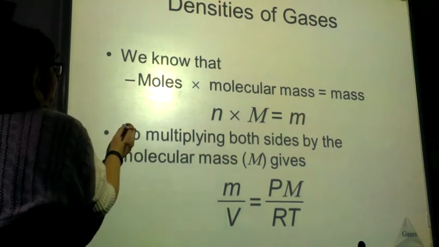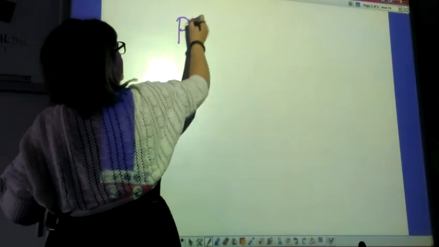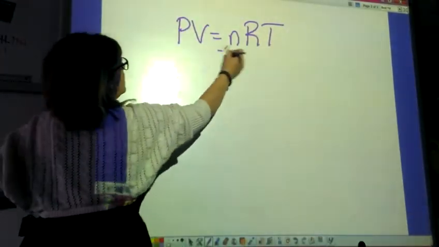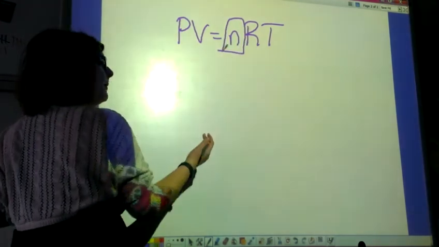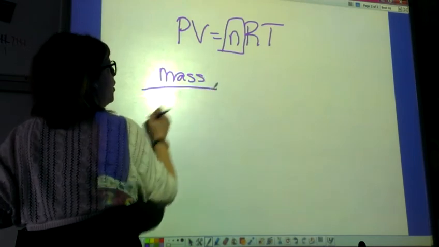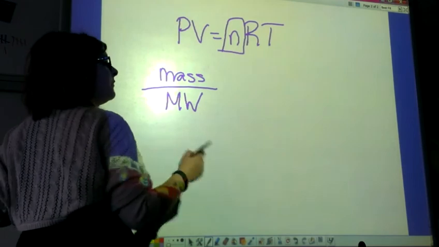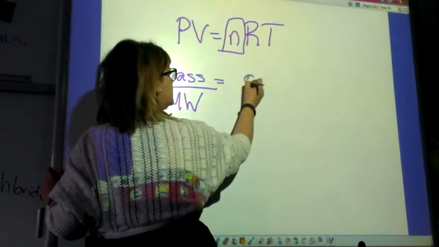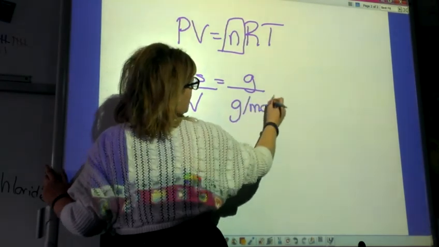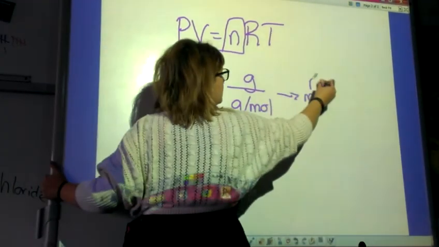let's look at it as we did today in our groups. So we have PV equals nRT. And I know that n is really just the number of moles. And if I took mass over molecular weight, that would give me moles, because mass is measured in grams and molecular weight is measured in grams per mole, which would just give me moles, which is n.